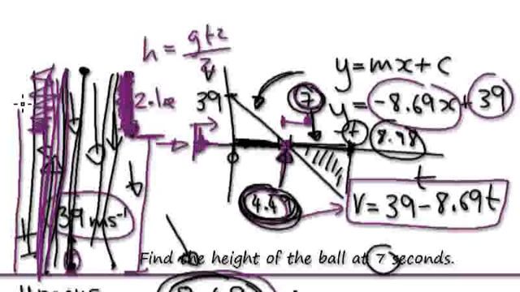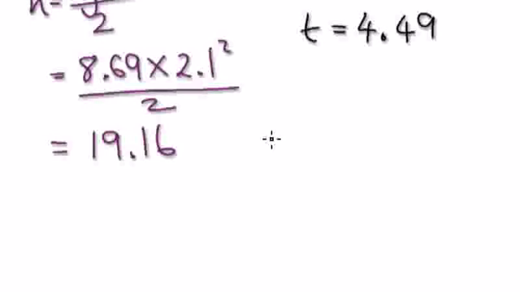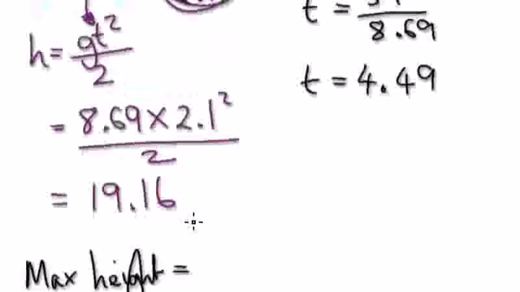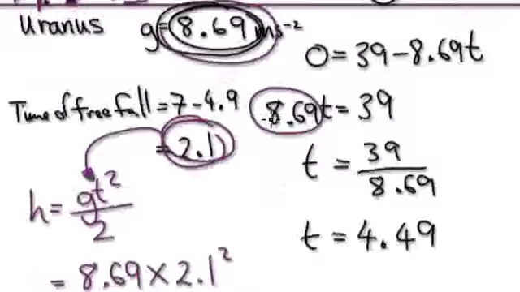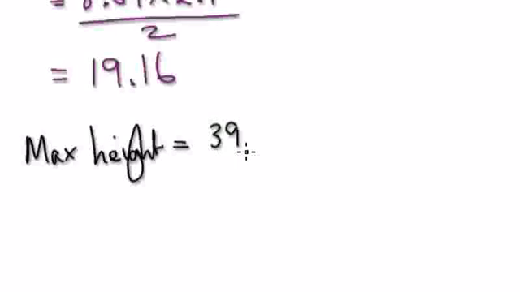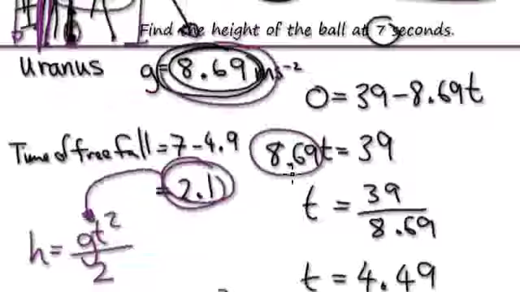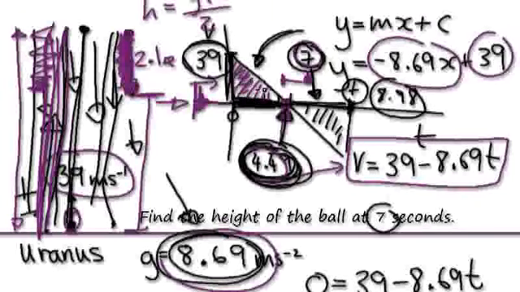Now the maximum height will be the area of this thing here. So let's do maximum height equals, well, get this times this and then divided by 2. So it would be 39 times 4.49, and then we've got to divide it by 2 because it's a triangle here.